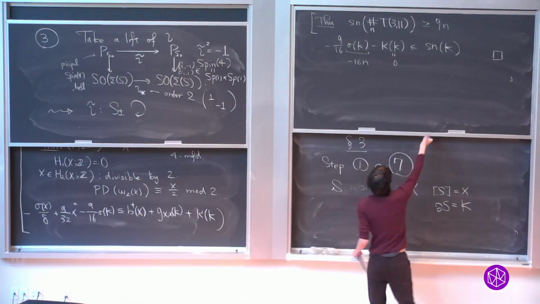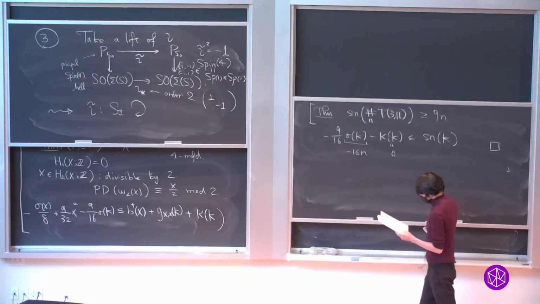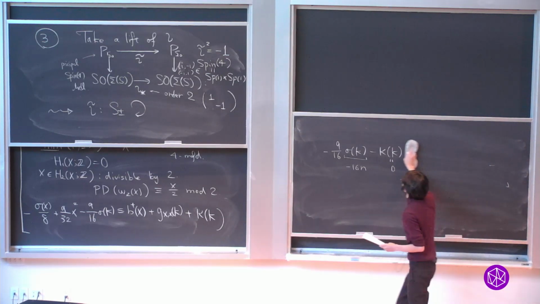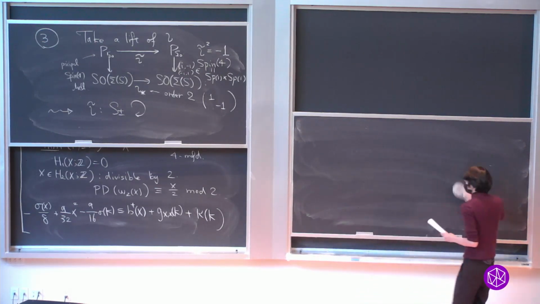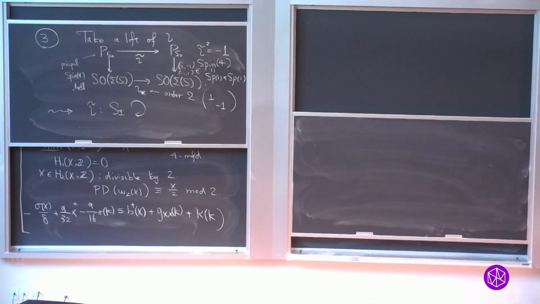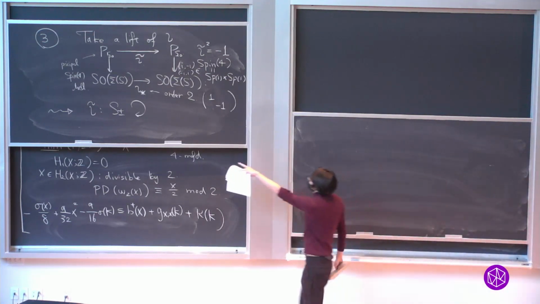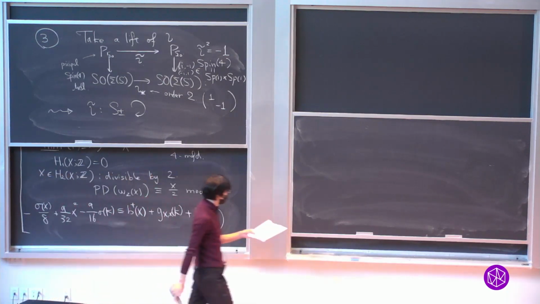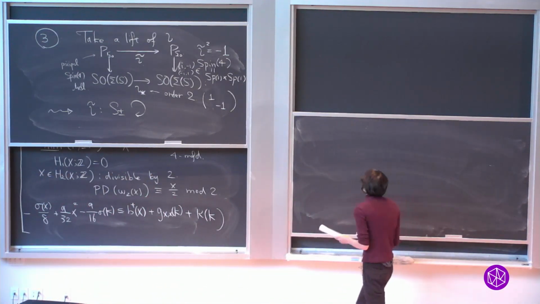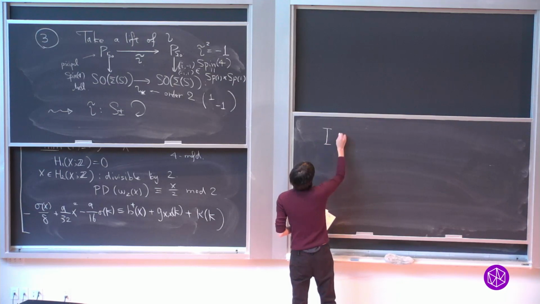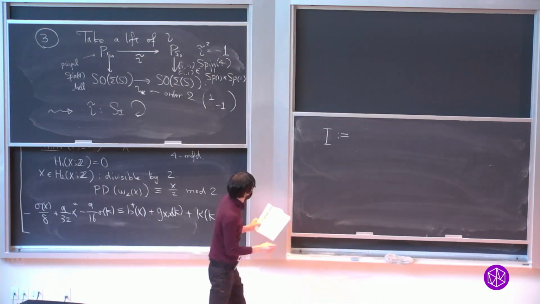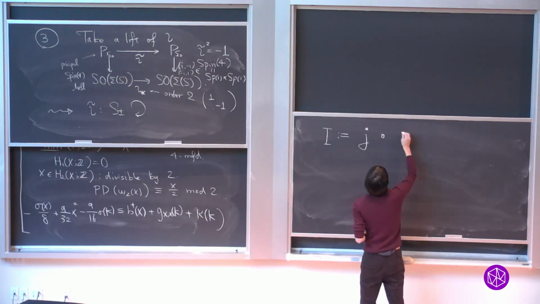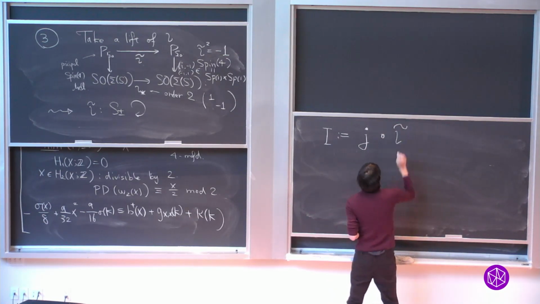And here is a non-trivial thing. We don't want to do the equivariant Seiberg-Witten theory for this order 4 action. So what we want to do is define the involution I, which is obtained by the composition of j and this action iota tilde.